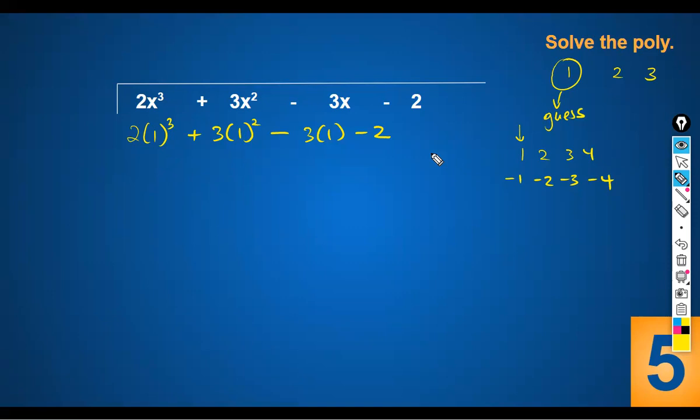That's the first solution. But if 1 doesn't work, I just try -1. And if -1 doesn't work, I just try 2. Then I'll try -2, 3, and then -3, and see which one gives me 0. You all can imagine how much time that eats up in the exam, where you have to guess the first value of x.